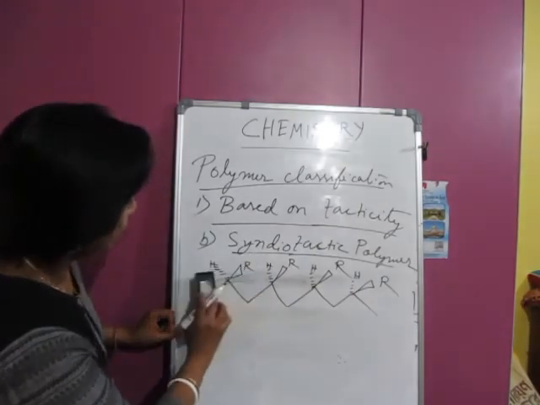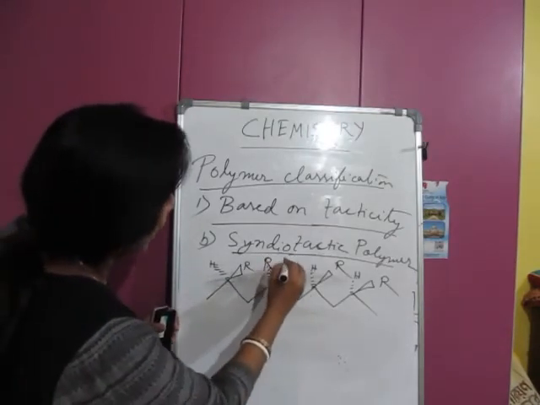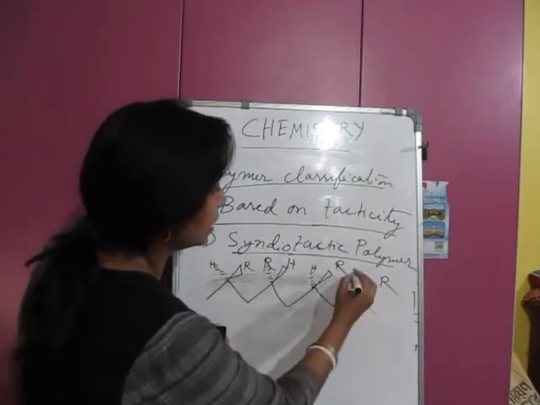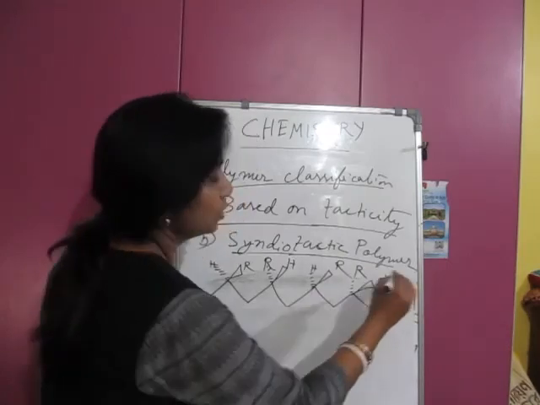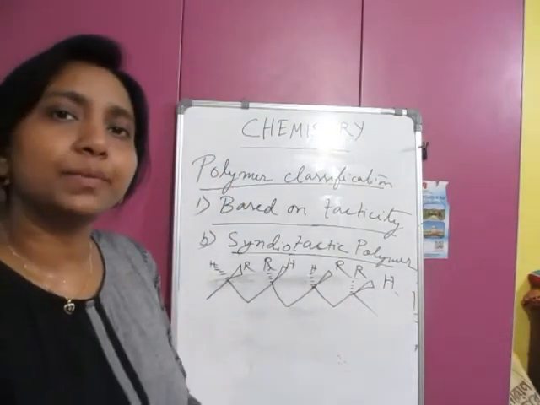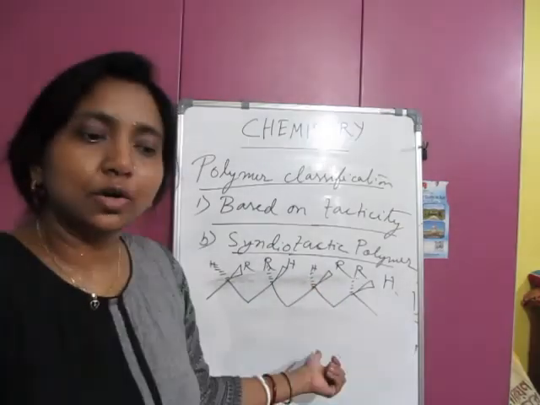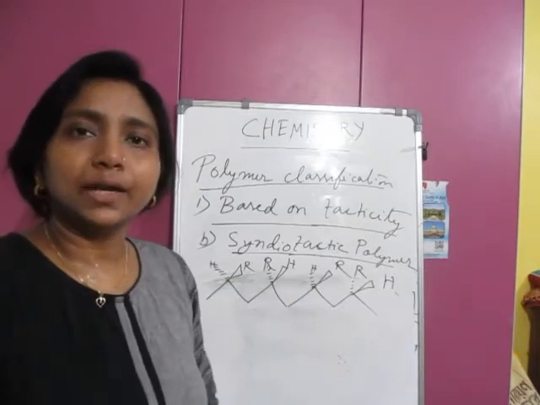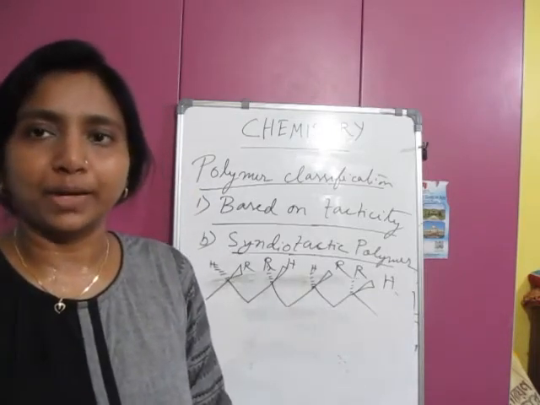Like it is HR, then RH, then HR, again RH. This is the regularly alternating arrangement that is called syndiotactic polymer. The example is polypropylene.